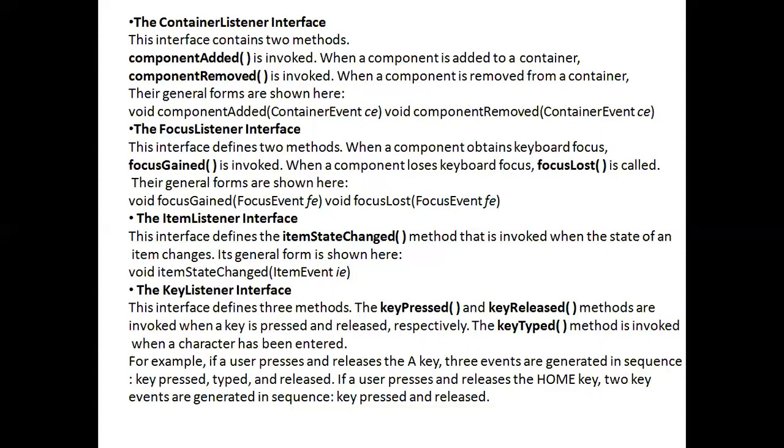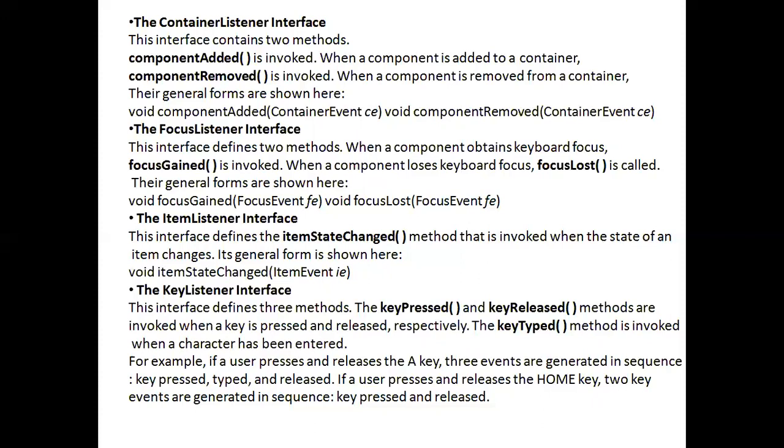Next one is the FocusListener interface. This interface defines two methods. When a component obtains keyboard focus, focusGained is invoked. When the component loses keyboard focus, focusLost is invoked. The general forms are void focusGained(FocusEvent) and void focusLost(FocusEvent).